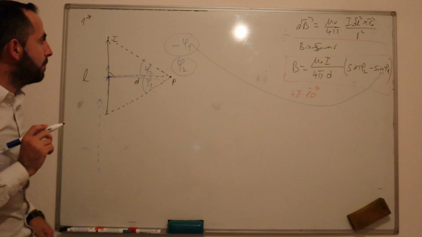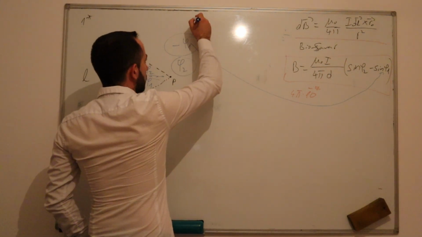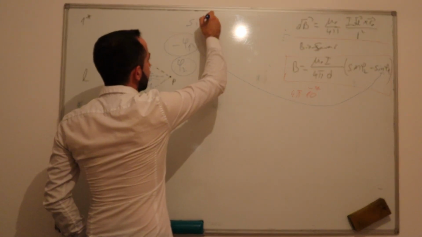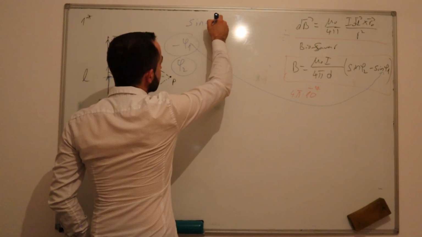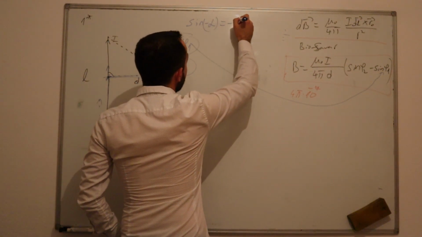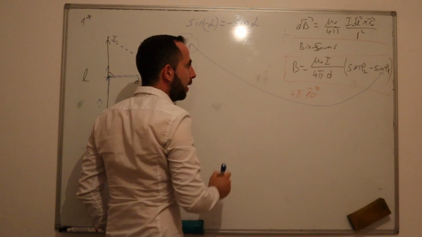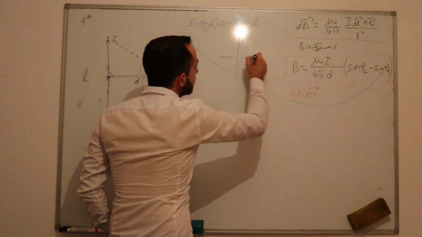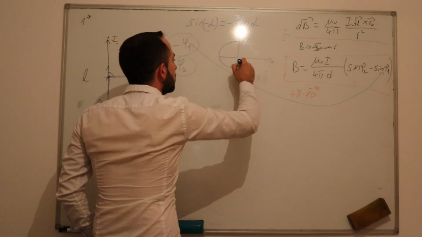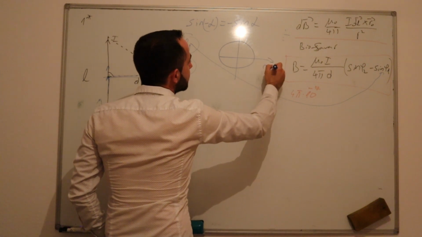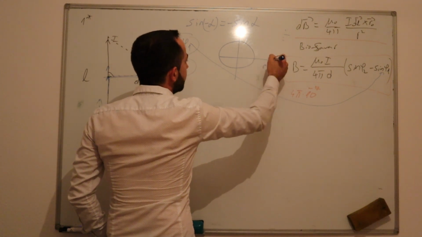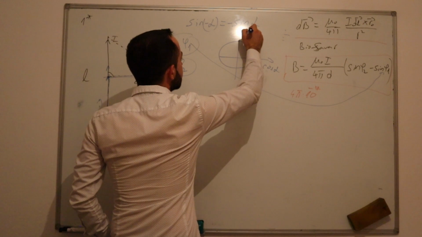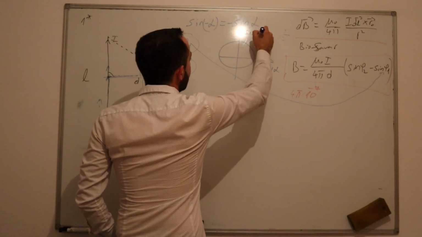I will remind you from trigonometry that sine of minus alpha is actually minus sine alpha. Why? Because sine is determined, we know this is cosine x on the x-axis and this is sine y on the y-axis.